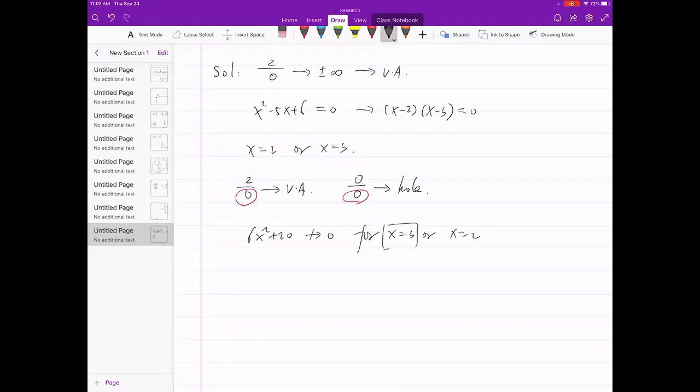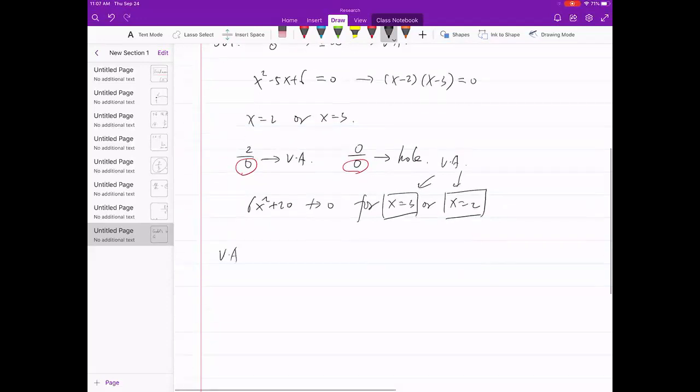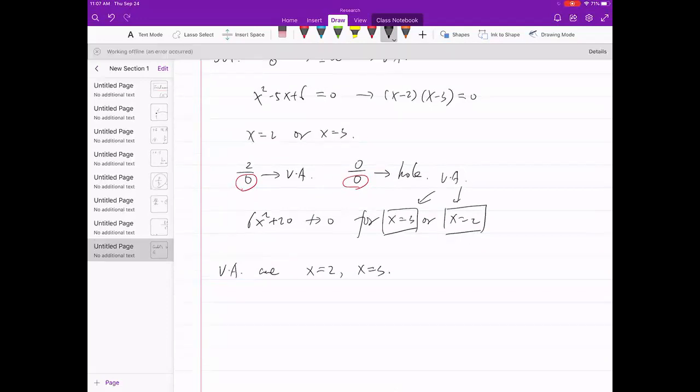Then both of them are vertical asymptotes. Answer, the vertical asymptotes are x equals 2 and x equals 3. If you end up having 0 over 0, you need to say that it's a hole. It's not a vertical asymptote.